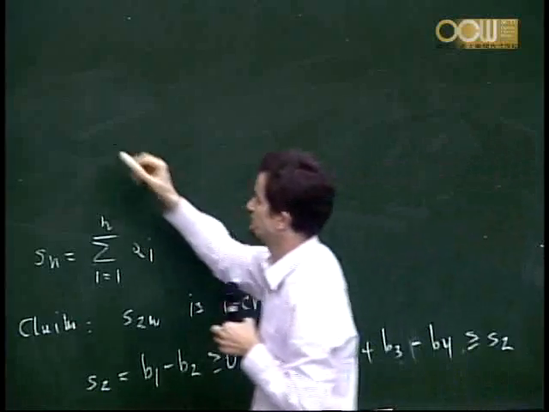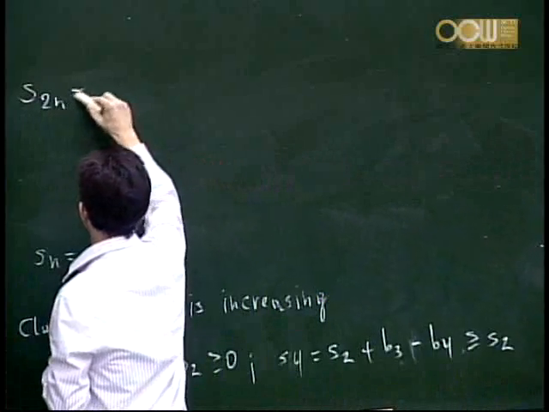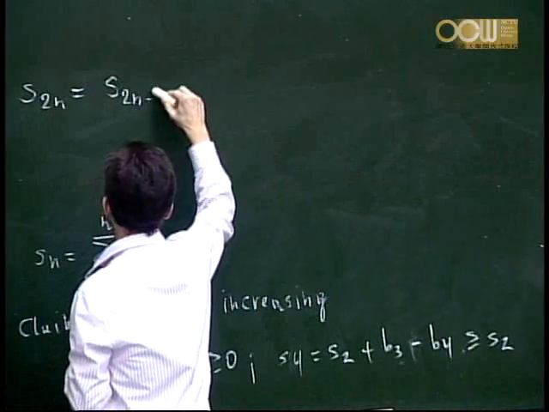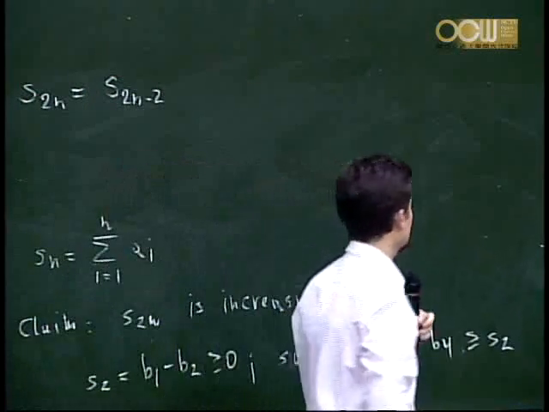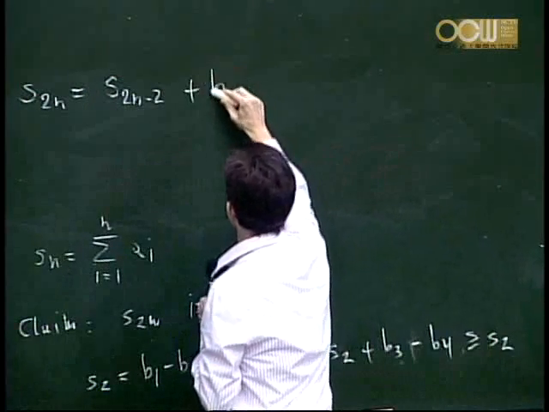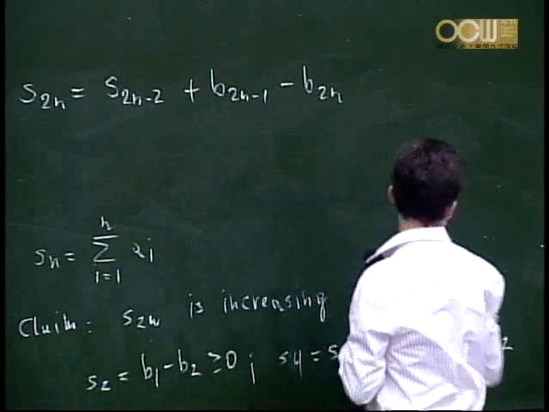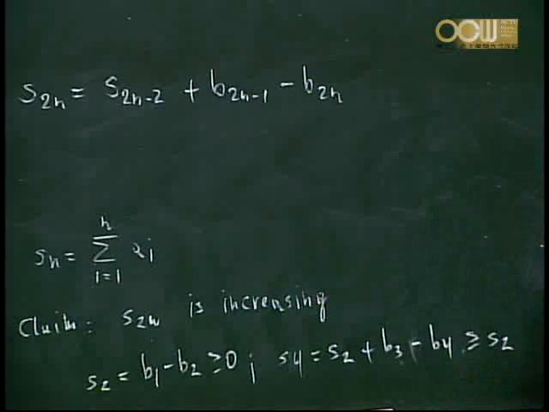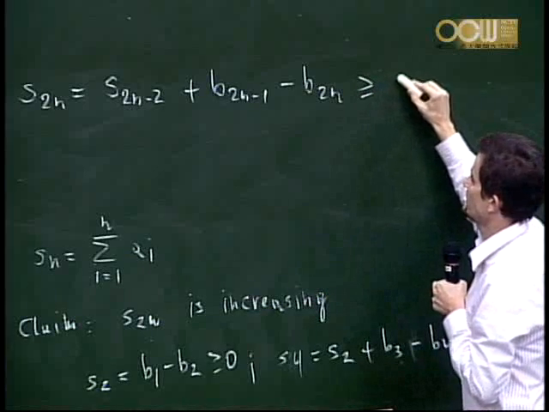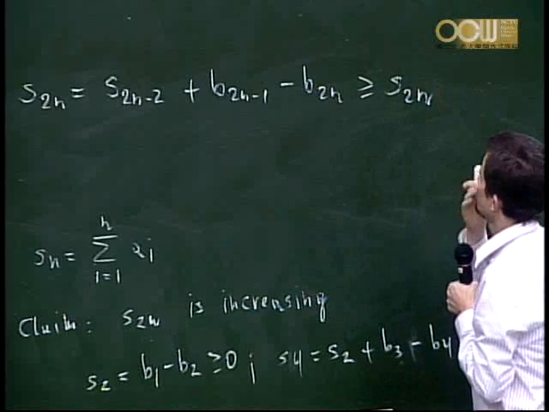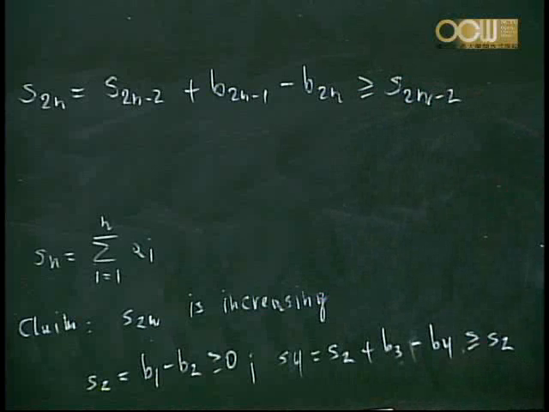So if you look at S2n, you can write this as S2n minus 2, and what you are missing is B2n minus 1 minus B2n. But this here, again because of this property, is larger or equal than 0. So this will be larger or equal than S2n minus 2. This proves the induction step.